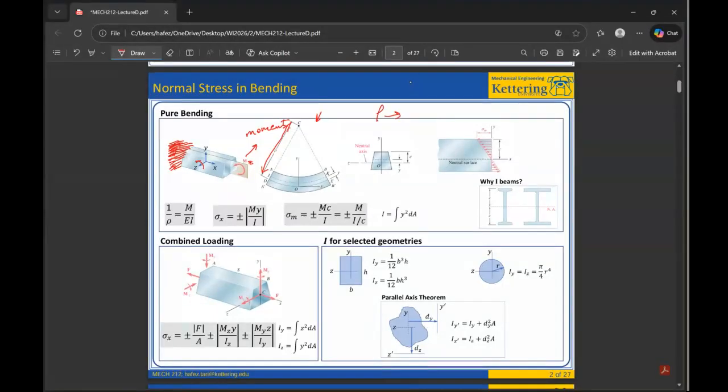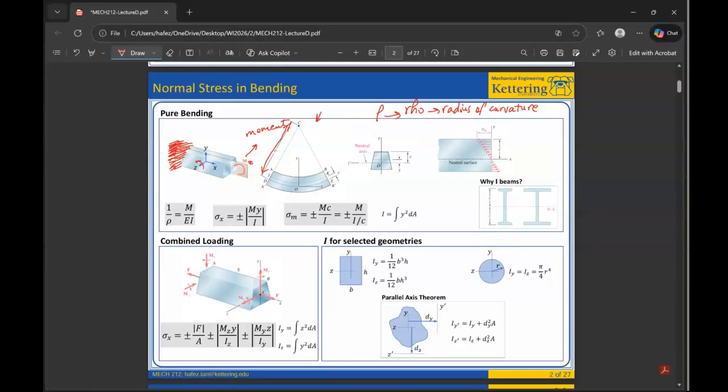So rho, the Greek letter rho, is the radius of curvature. Yes, in physics you learn the rho to be density, maybe the same in chemistry or chemical engineering, but in this particular course we're referring to this as radius of curvature.